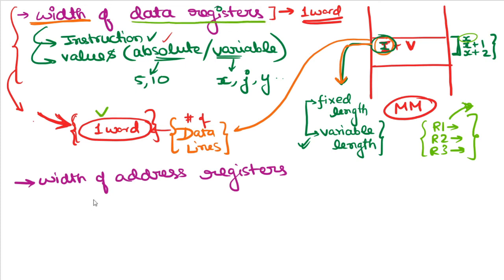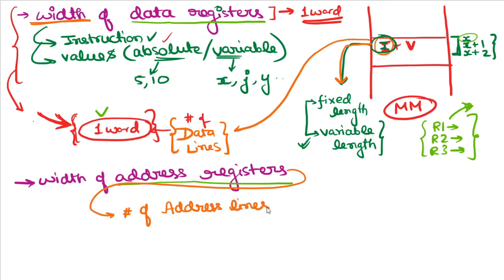Now, what is the width of address register? The first thing that will come to your mind is that the width of address register must be the number of address lines, because the number of address lines states how many bits are required to represent an address.